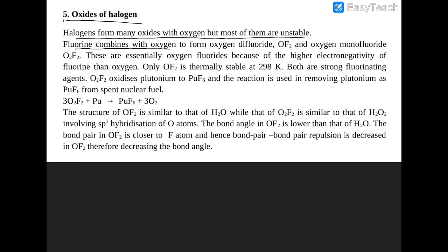Fluorine combines with oxygen to form oxygen difluoride, that is OF2, and dioxygen difluoride, that is O2F2. So it means that fluorine does not give an oxide.